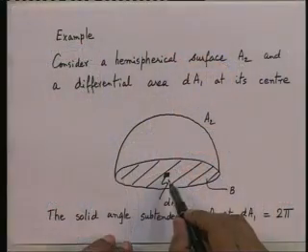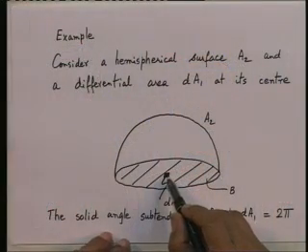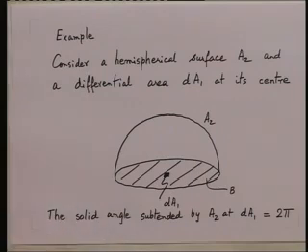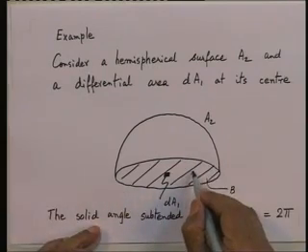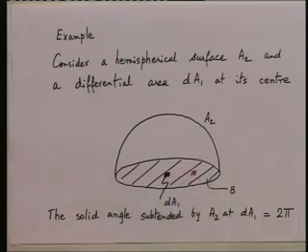Got it? Now, let me change the example a little. Suppose the area dA1 or the point dA1, instead of being located at the center, is located somewhere else on this plane surface B. Let us say this is dA1, all right.